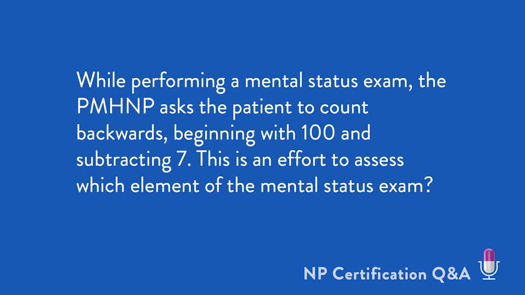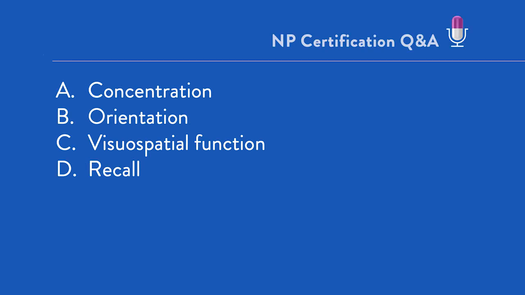I passed that. But that is a classic assessment on the mental status exam. So you ask the patient to count backwards, beginning with 100 and subtracting 7. This is an effort to assess which element of the mental status exam: concentration, orientation, visuospatial function, or recall.